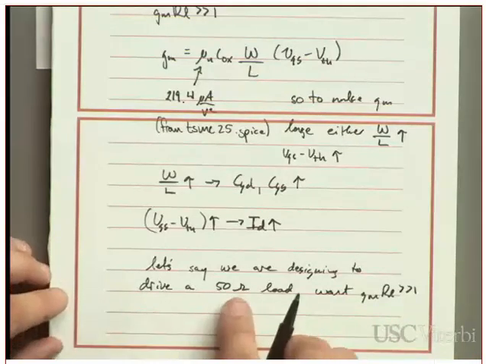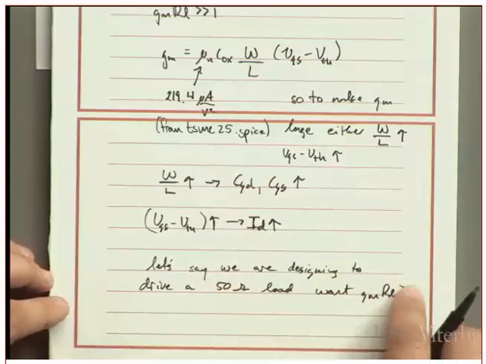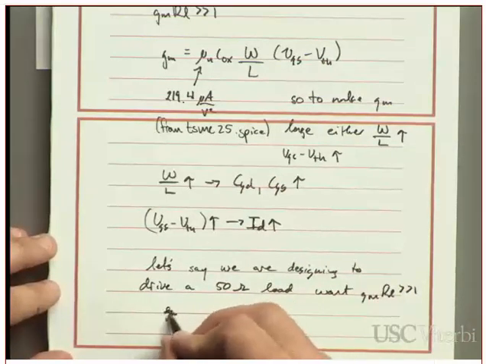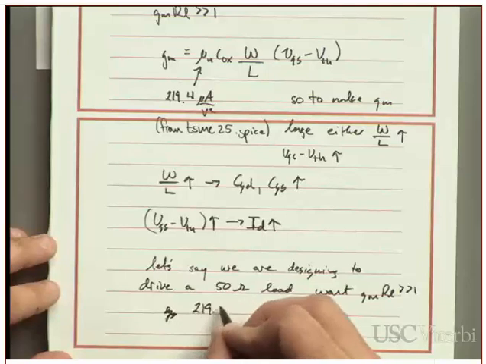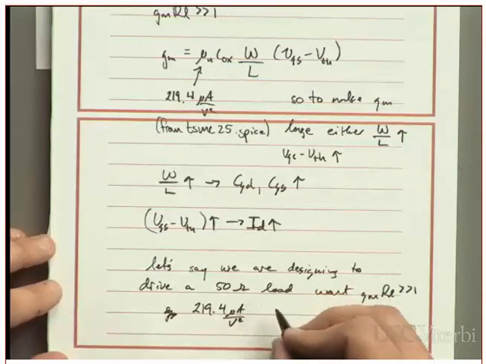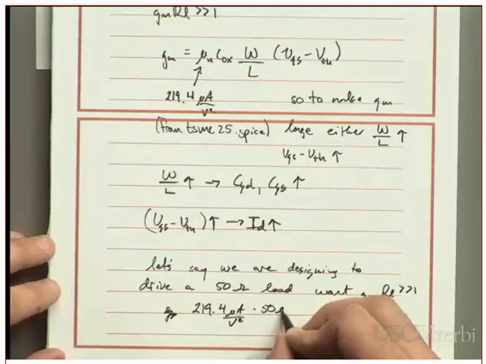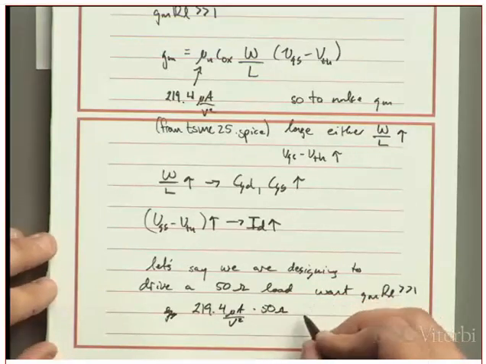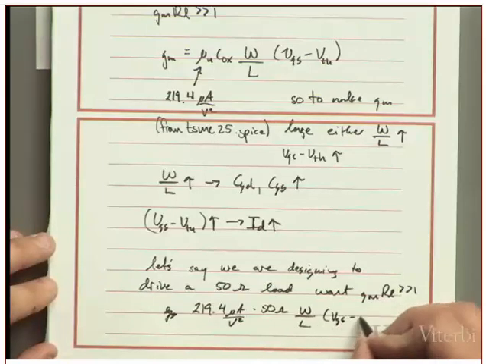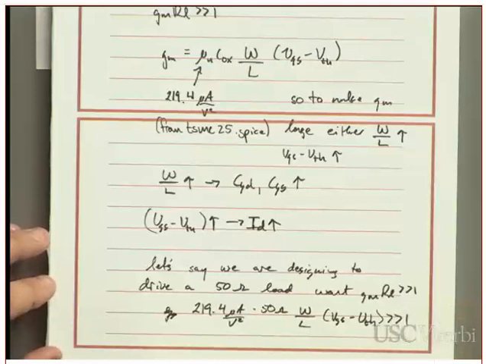So if I'm going to go ahead and put in 50 ohms into this equation here and see how we can make this greater than 1, I'm left with 219.4 microamps per volt squared times 50 ohms times, of course, my width, length, and VGS minus VTH. I want that to be much greater than 1.